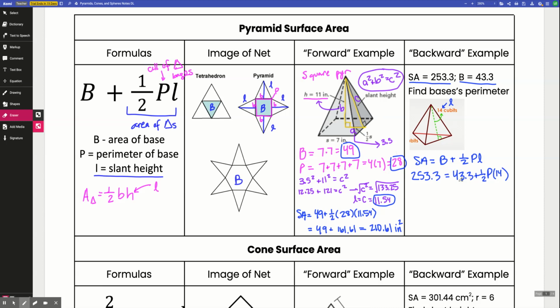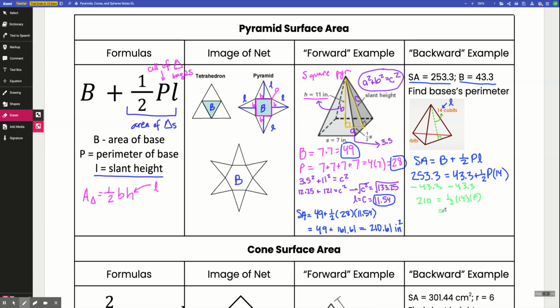Okay, so now this becomes an algebra equation that I need to solve. So the first thing I'm going to do actually is subtract 43.3 from both sides because that's the first thing in my way. Okay, so I end up with 210 equals 1/2 times 14 times the perimeter.